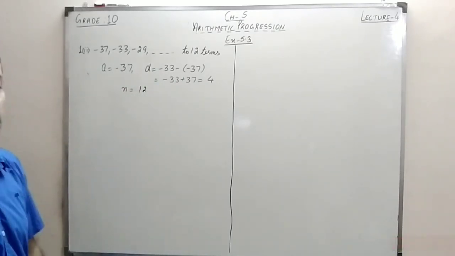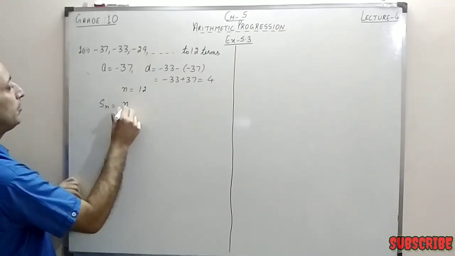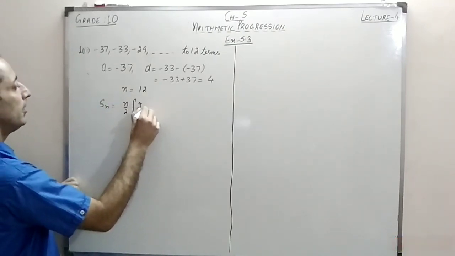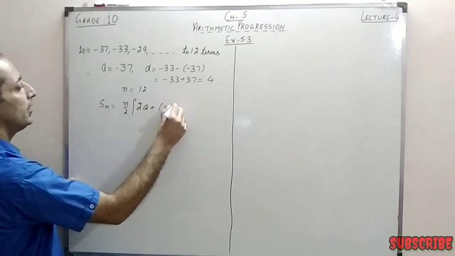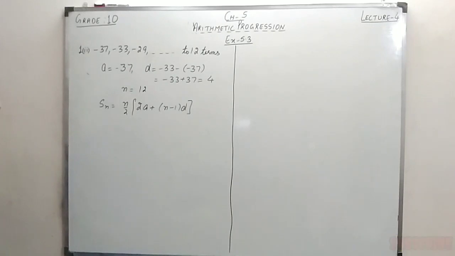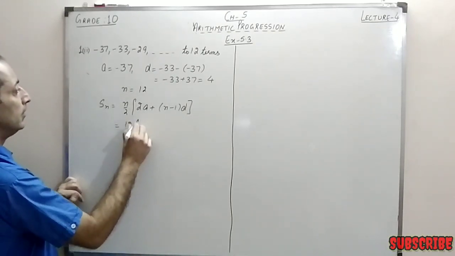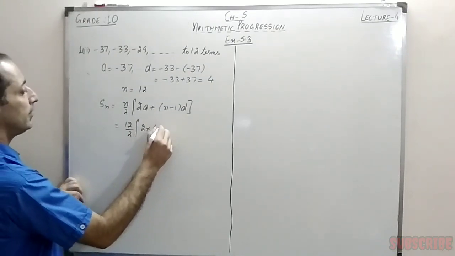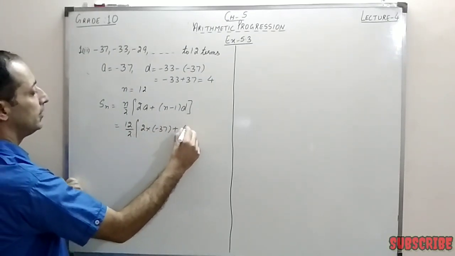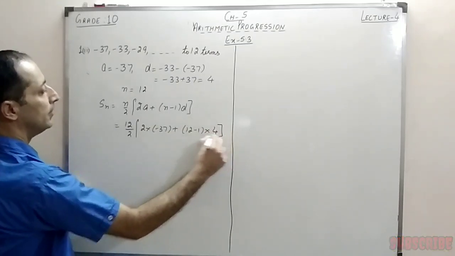So n is 12. Now I have the relation Sn equals n by 2 into 2a plus n minus 1 into d. And what is the next thing? We have to just substitute the values and find the answer. So this is 12 by 2, 2 into minus 37 plus 12 minus 1 into d, which is 4.